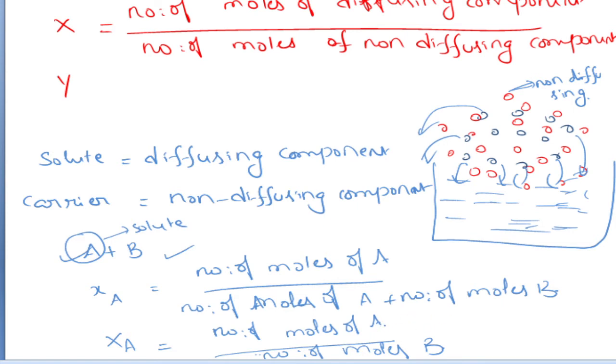For a binary mixture, you can simply write it like this, but if you have a multi-component mixture and want to write the same definition, how can you write it?